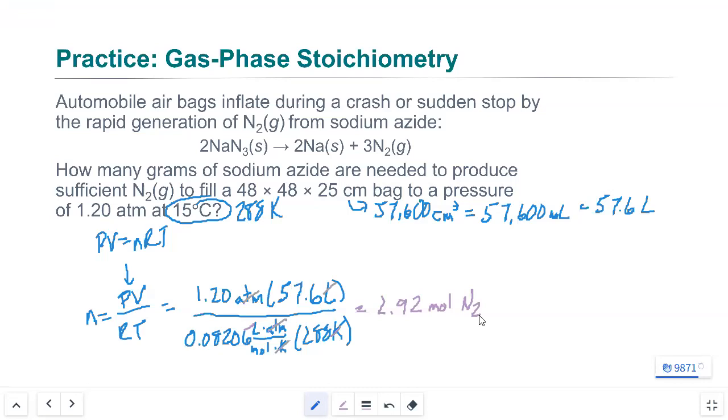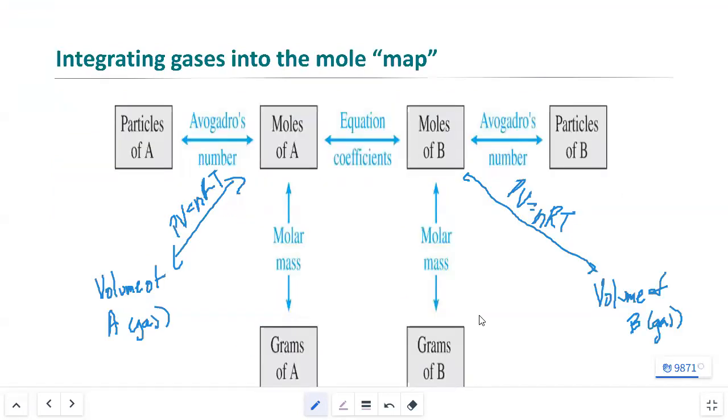So if we go backwards to our mole map here, we've just converted volume of gas into moles. Now we're going for grams of the other substance, so we just got to follow the rest of the map. We need a mole to mole conversion using the balanced chemical equation.